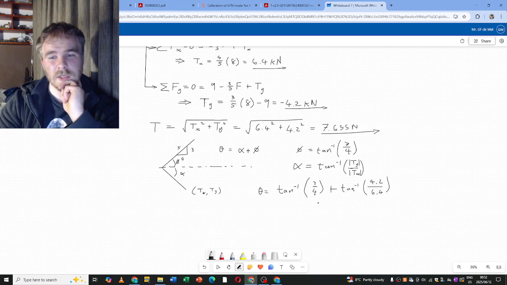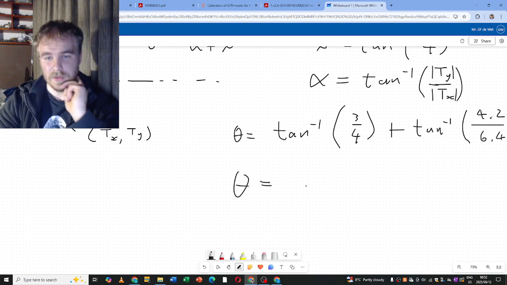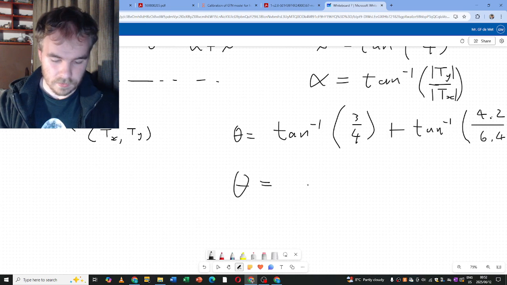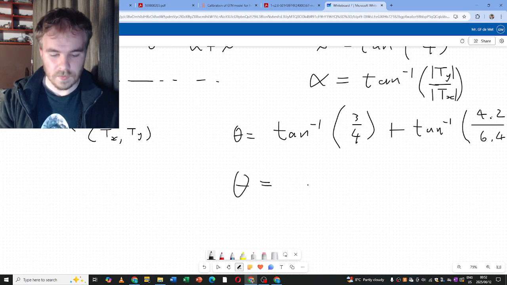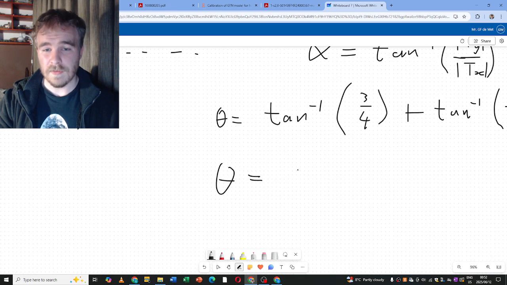Let's quickly see. 6.4. Excellent. Okay. And now we can go and calculate that. So that is arctan of 3 over 4 plus arctan of 4.2 over 6.4. And then we should get a value of 70.14 degrees.